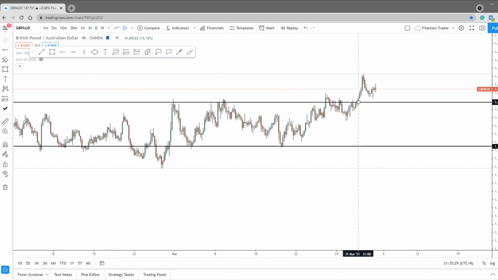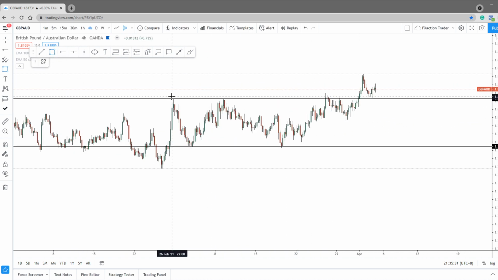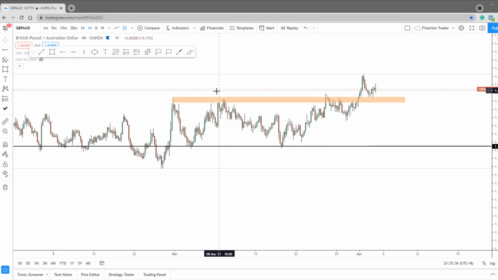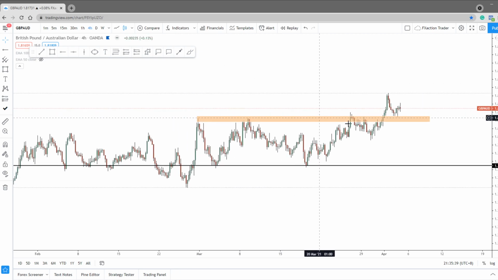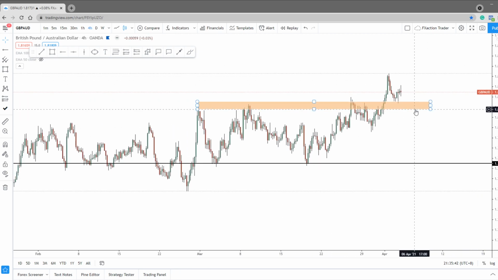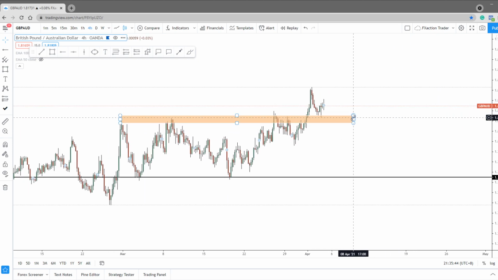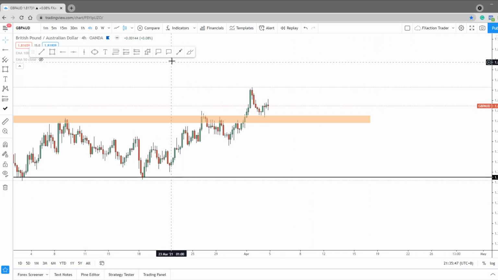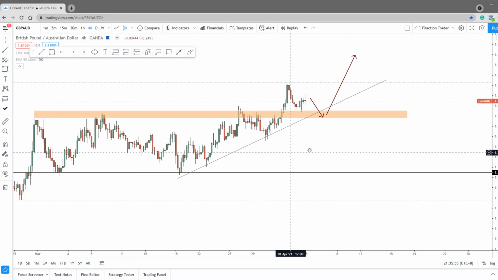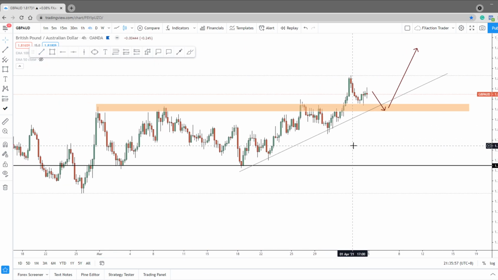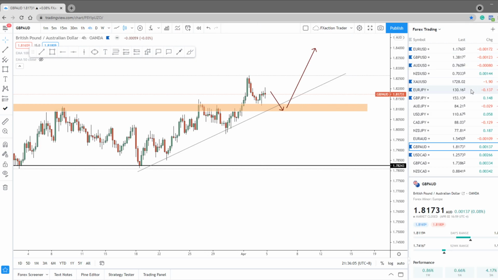On H4, if we narrow down to our key support level, we could see that multiple retests have been occurring at this level around 1.808, and this could be the next support level for us to look for a buy trade. So in other words, as long as the market does not show us a very clear reversal signal, we are still going to look for a buy signal.